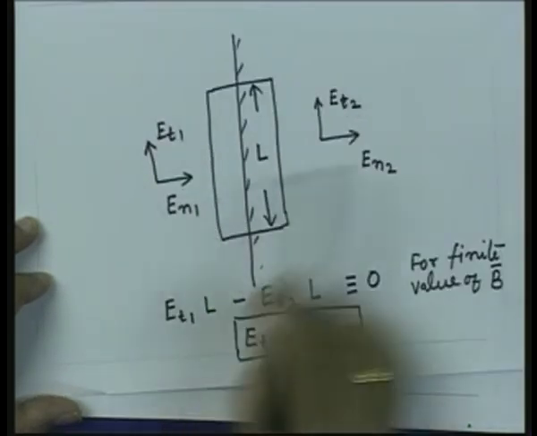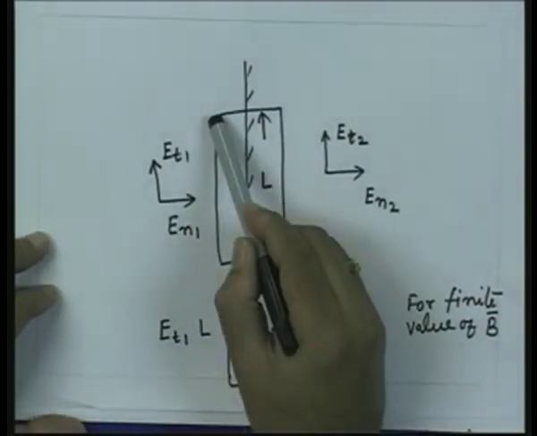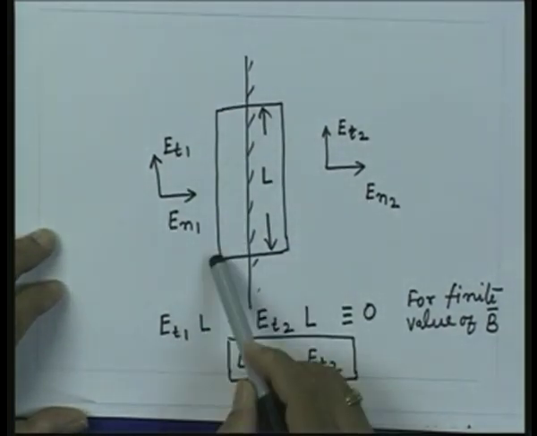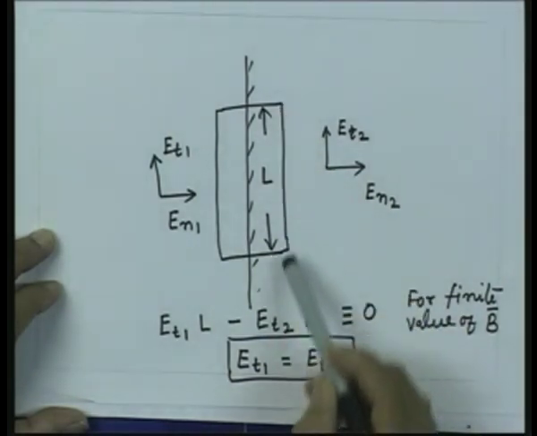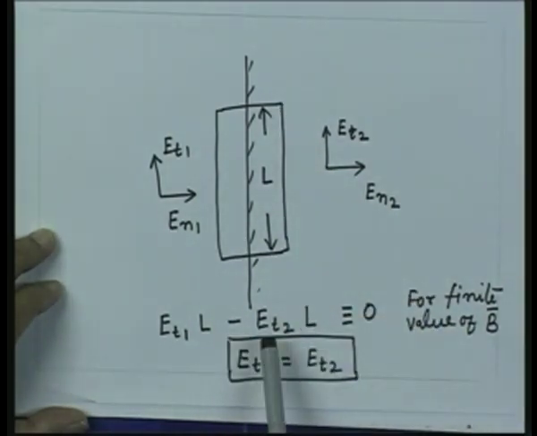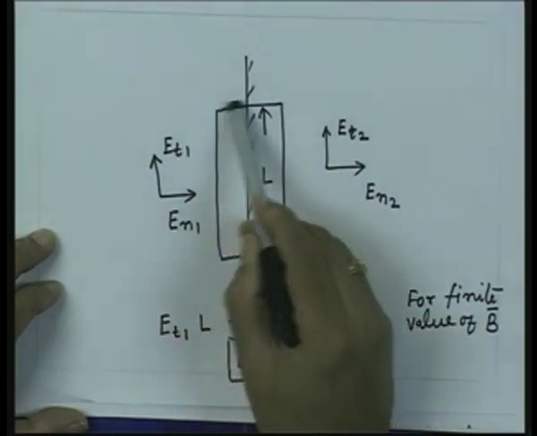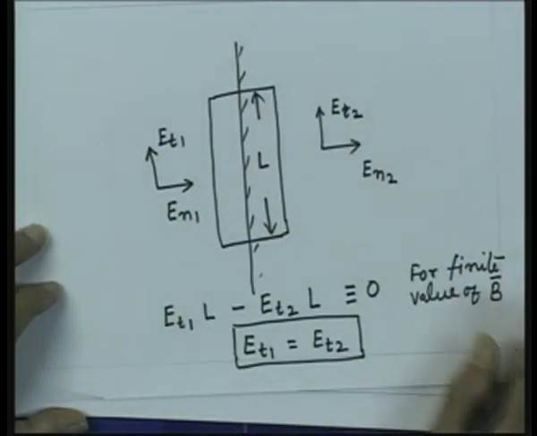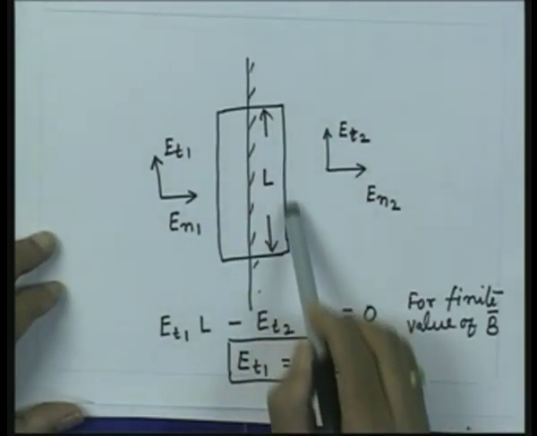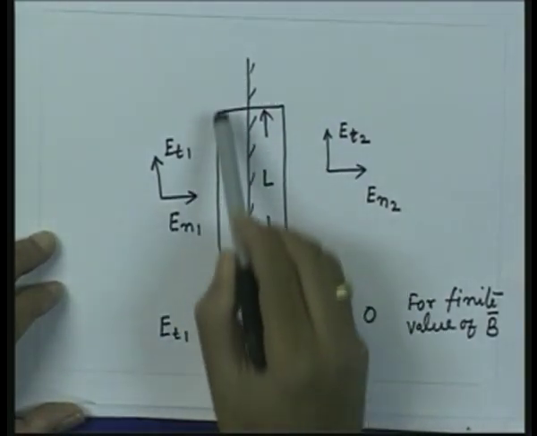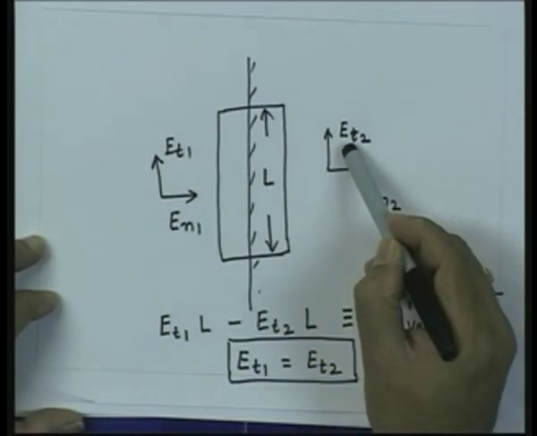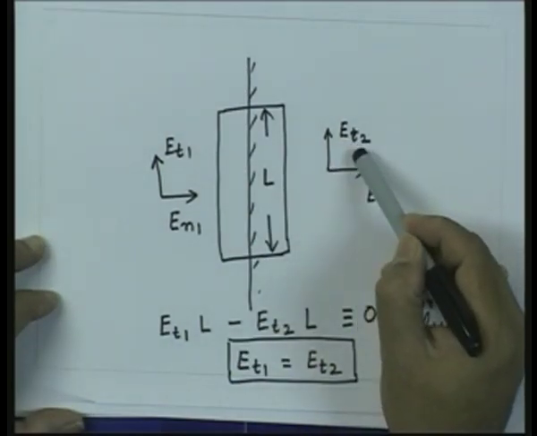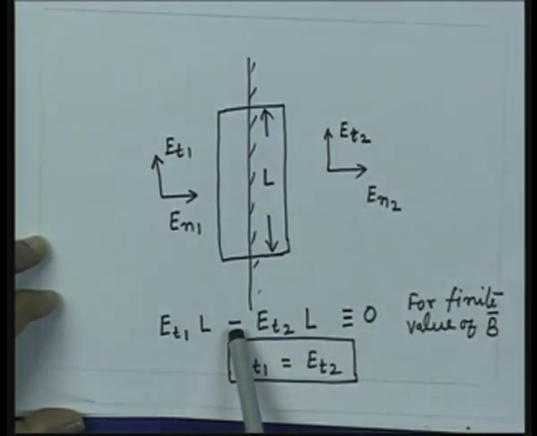I will get the line integral contribution from this side, that will be Et1 multiplied by the length of this loop. Similarly, on this side I will get the line integral contribution, which is Et2 multiplied by the length. However, if I take a loop in the clockwise direction, then the direction of the line integral which I am taking is opposite to the electric field direction, and that is the reason I have a minus sign here.